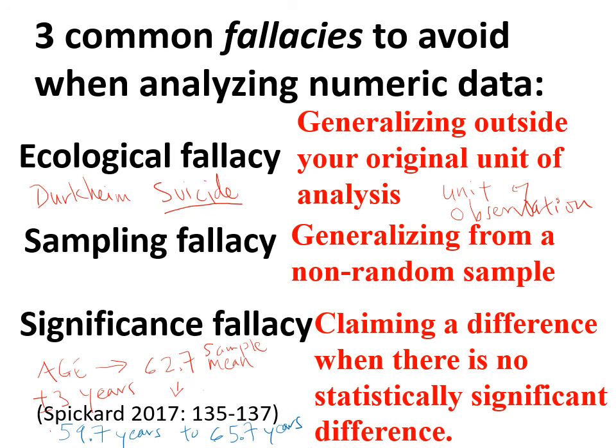And it could be that if we were looking at another location and its range was 60 to 67 years for a different population, that these two ranges actually overlap. So 59.7 extends a little bit further to the left of 60, and 65.7 doesn't reach as far as 67. But the point is that these two intervals overlap with each other.